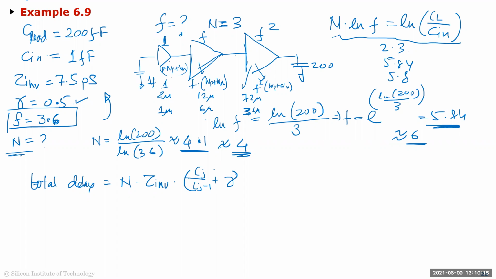Sorry, you can just write this as fan out. It's basically any stage to any stage ratio, but they're all the same, which is the fan out ratio.